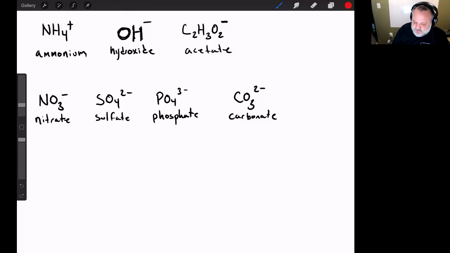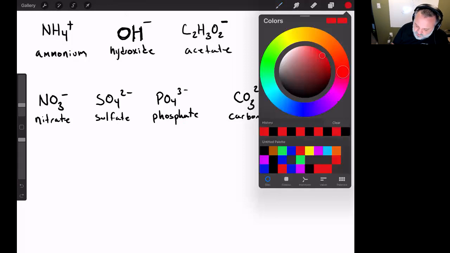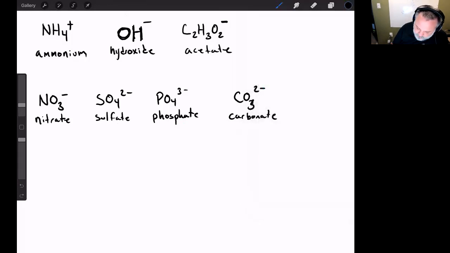Let me show you the next set of ions that I want to show you. And the reason I'm going to write them this way should be apparent in a second. NO2 minus is nitrite.